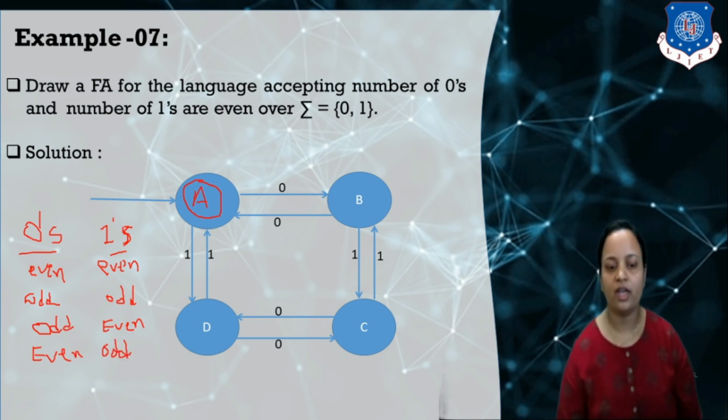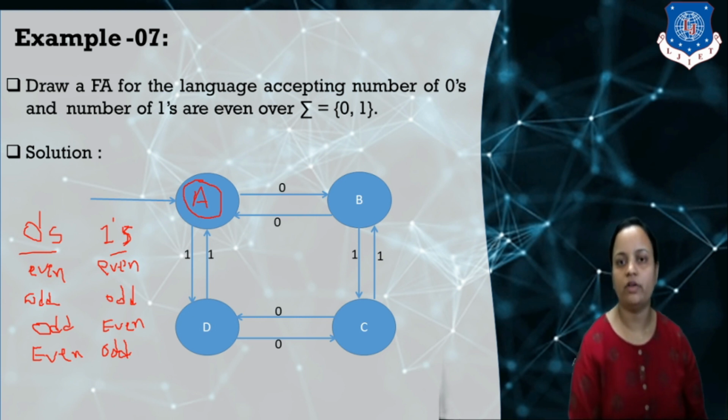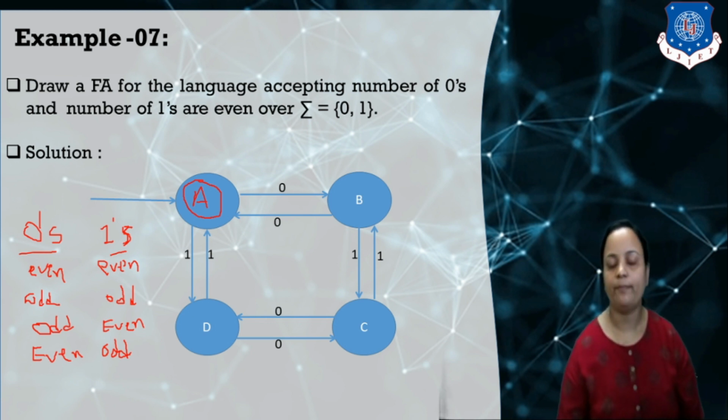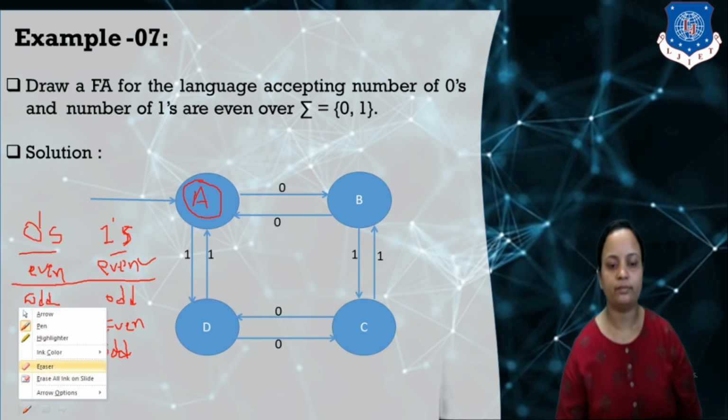Actually this DFA, except for the accepting state, is the DFA for all four possibilities: even, odd, even, odd combinations. The only difference in all these possibilities is the accepting state. For even zeros and even ones, which we have already discussed, the initial state is the accepting state. Now consider the next possibility.